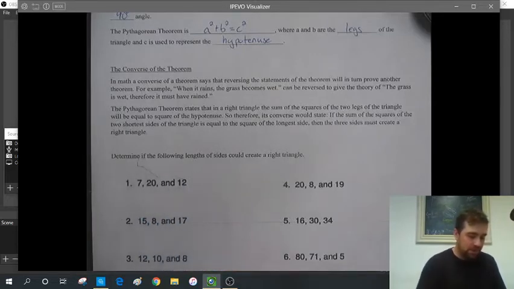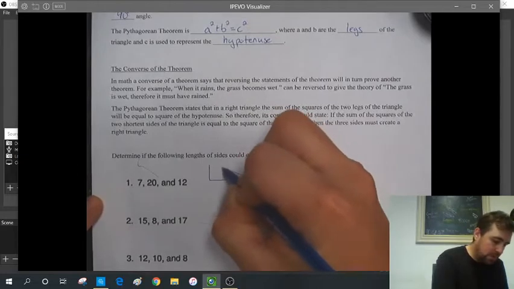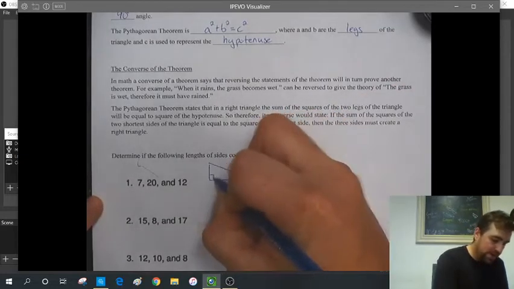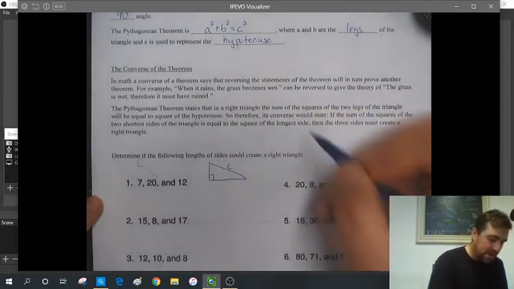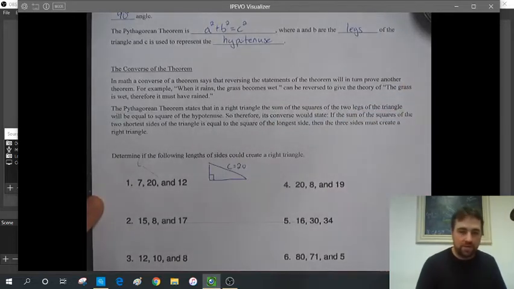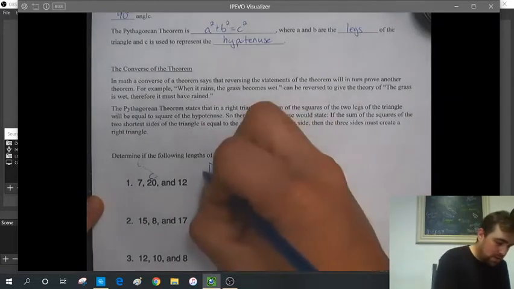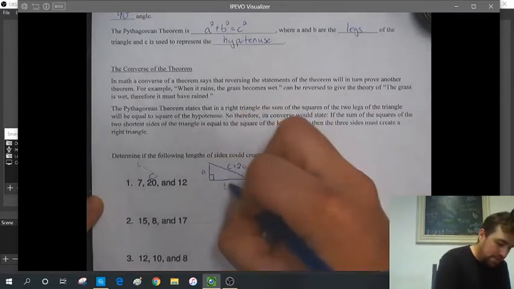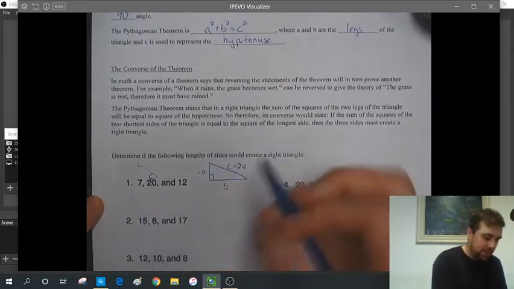and we're determining if the following lengths of sides could create a right triangle. Once again, if we envision this as a triangle, and if it were to be making a right triangle, again, the longest side is going to have to be C, and in this case, that would be our 20, because that's the longest of our three legs. So that would have to be C. For A and B, in this case, we have side lengths or legs of 7 and 12.